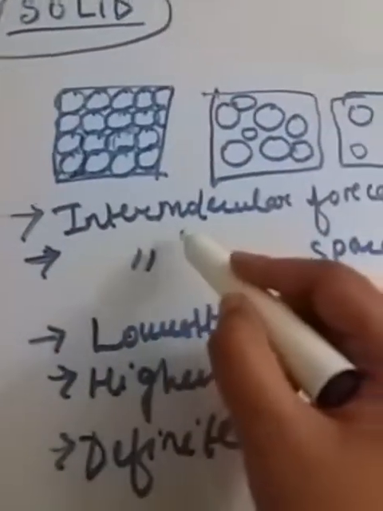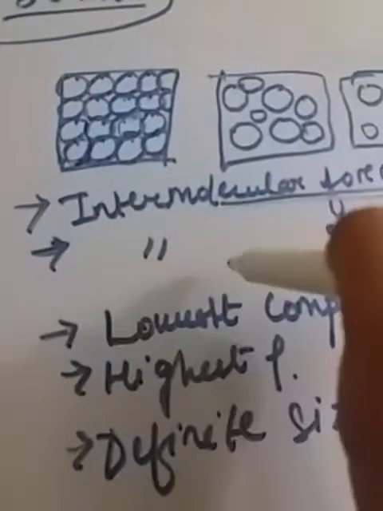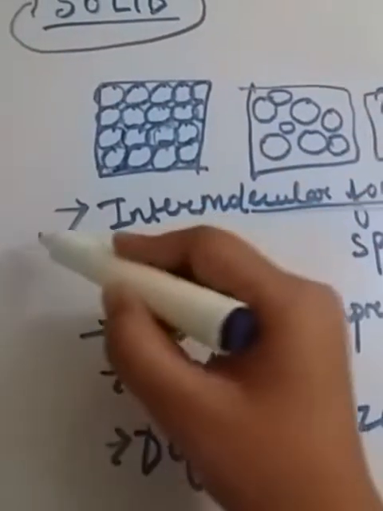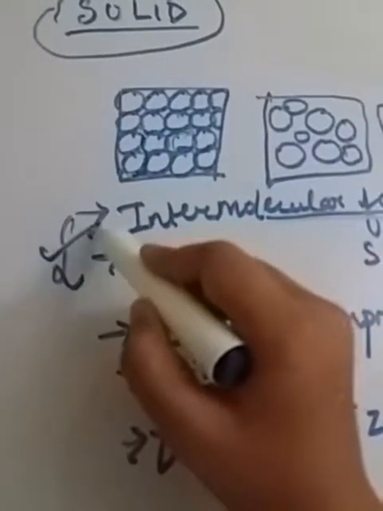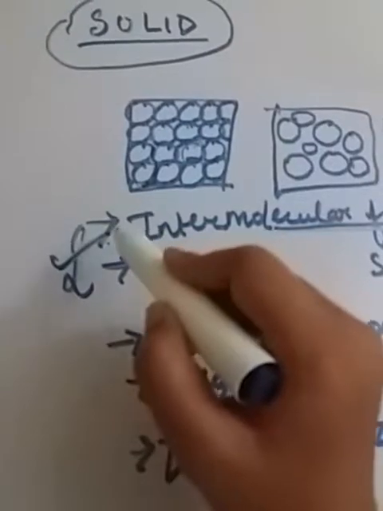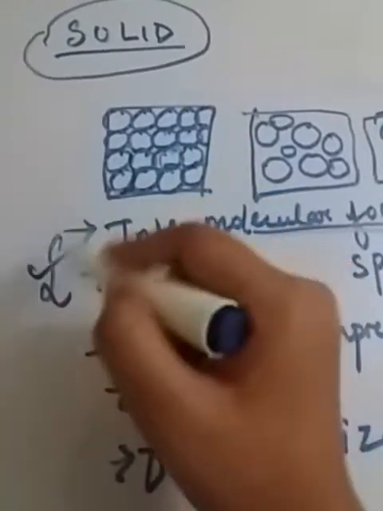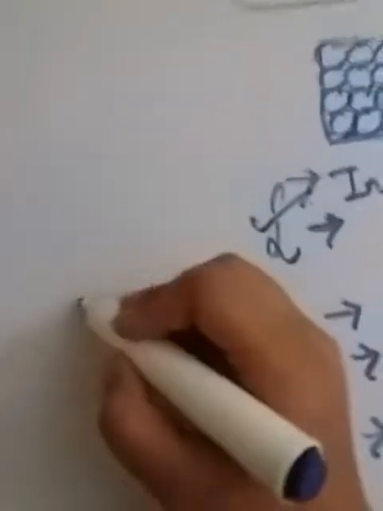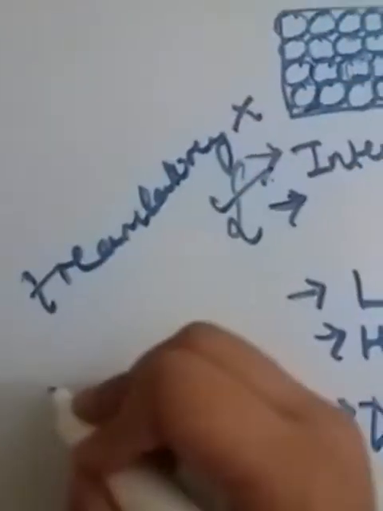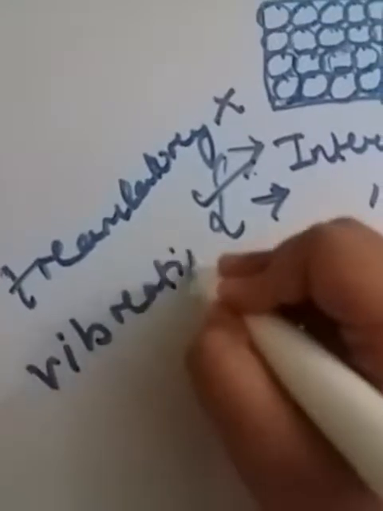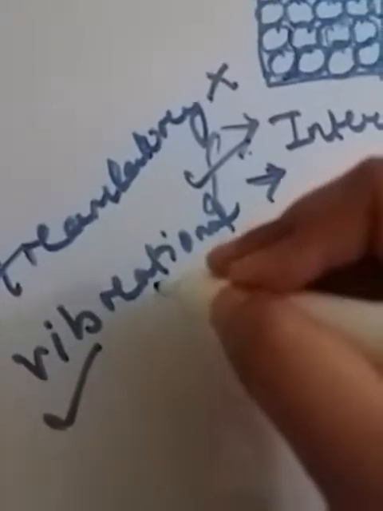Then, the intermolecular force is high, meaning strong intermolecular force, and least intermolecular space. Because of these two factors, they do not have translatory motion but have vibrational motion. The molecules vibrate among themselves. Translatory motion is not present, but vibrational motion is present about their mean position.